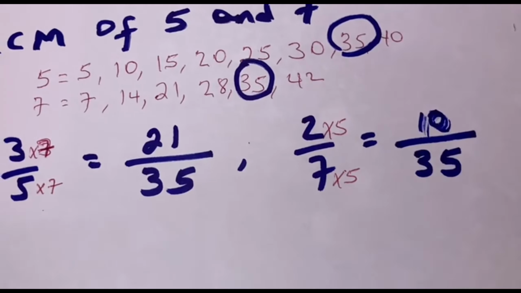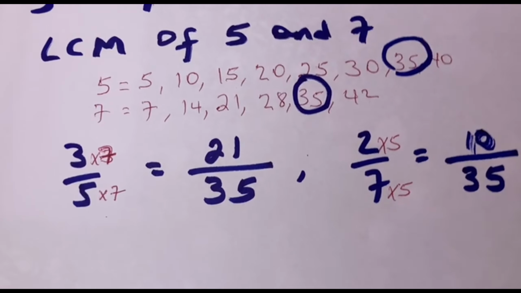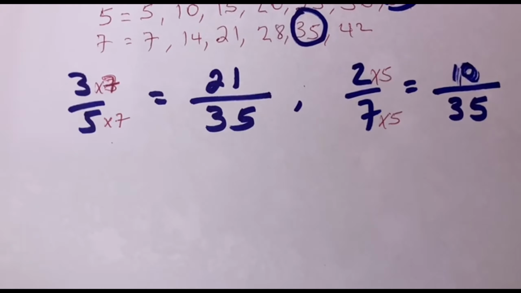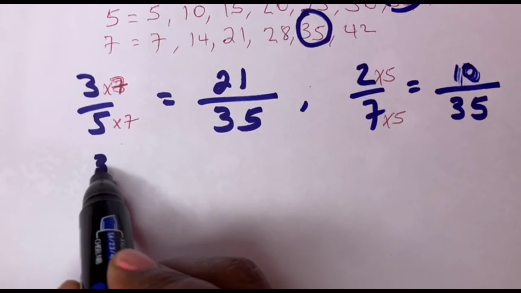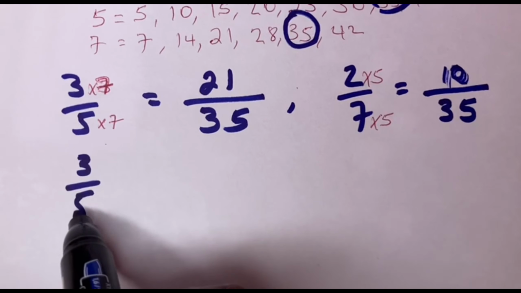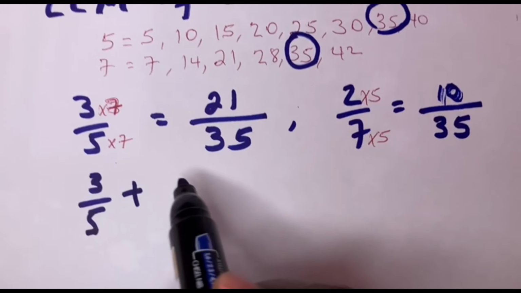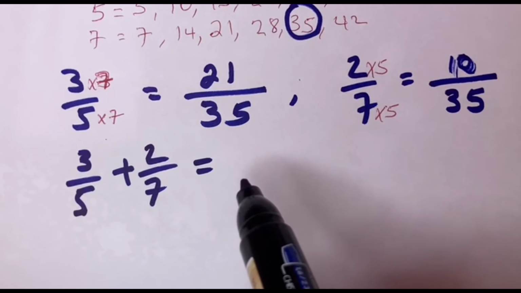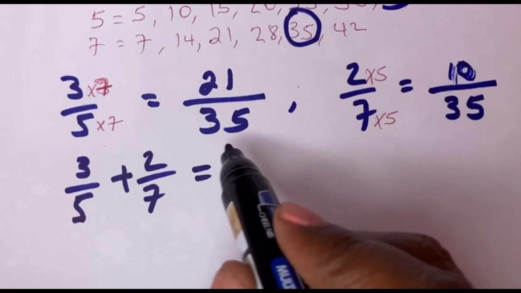Now, we have to go back here. So our 3 over 5 plus 2 over 7 will be changed now with their denominators to be 35.